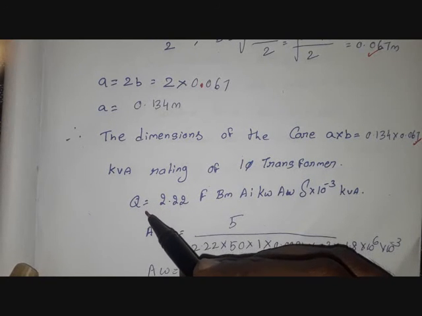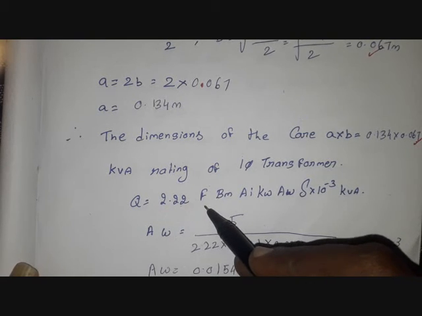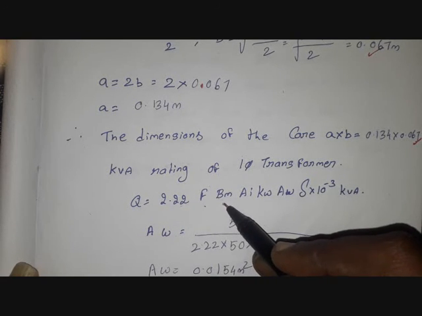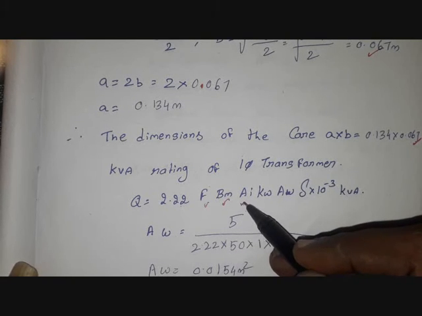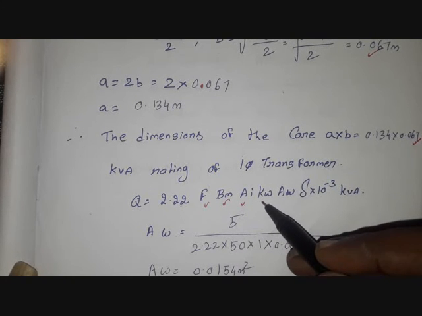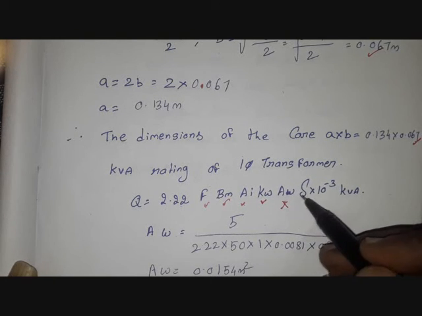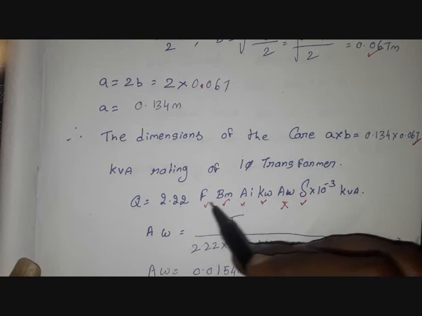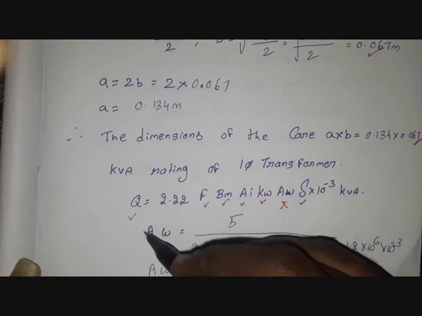This is a formula for finding KVA. Q is equal to 2.22 F BM AI KW AW. We have the BM value, frequency value, AI value, and KW, that is winding factor, but we do not have the AW. We have the del value. By using this formula, we can identify the AW because we have the Q value too.